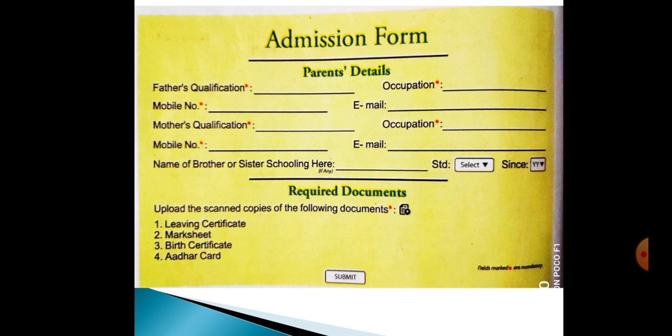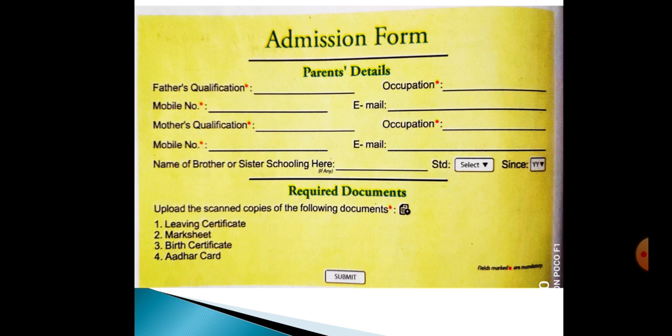Admission form, parents detail. Here you fill in your parents' information correctly. First, father's qualification. First you write your father's qualification, then your father's occupation. Occupation means job, service. Then write your father's mobile number.